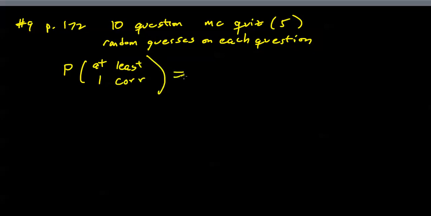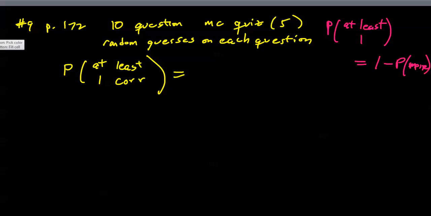And I'll abbreviate it like so. And again, remember our model, the probability of at least one is 1 minus the probability of none. I'll invoke that here.